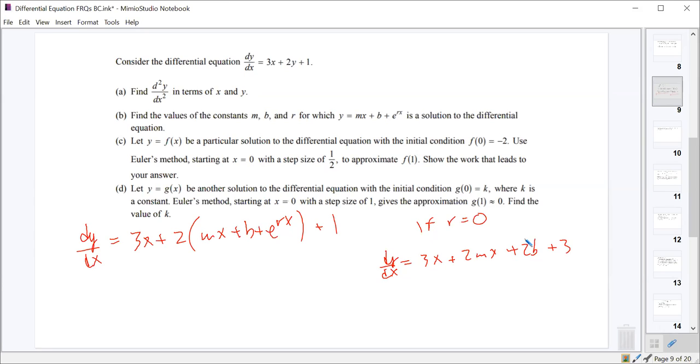So let's see here. Yeah, so if r is 0, that gives us that this equation is y equals mx plus b plus 1, which would tell us that the slope of this is just m.